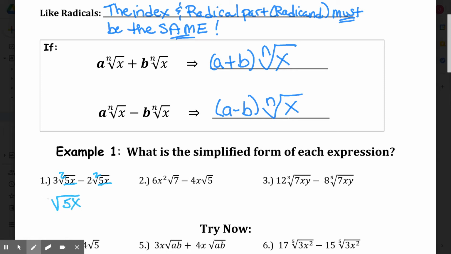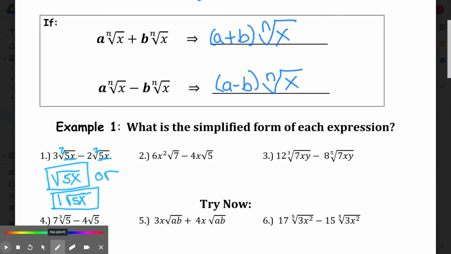Another way to write that, if you want to have some sort of number in front, is 1 radical 5x.